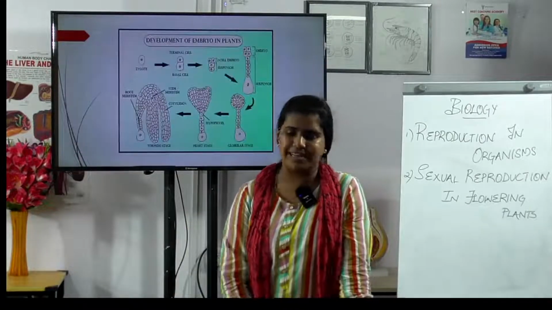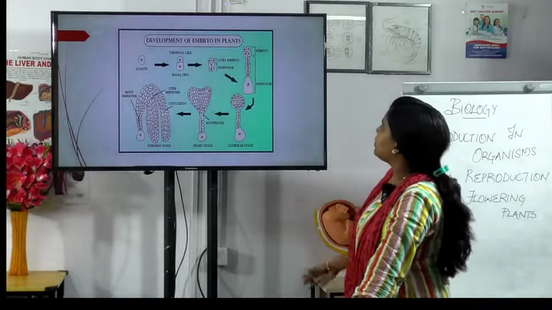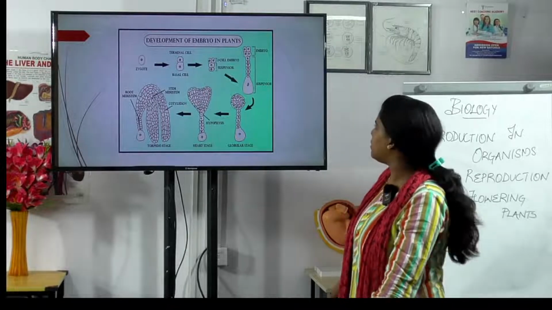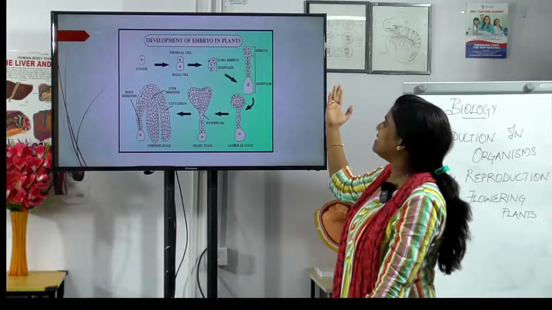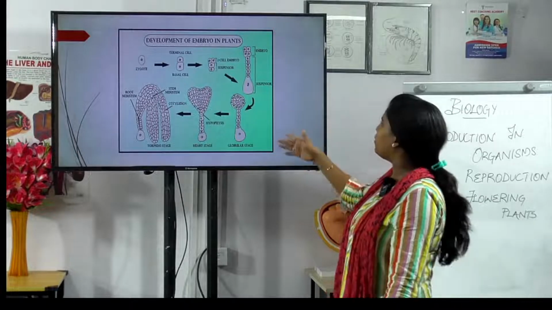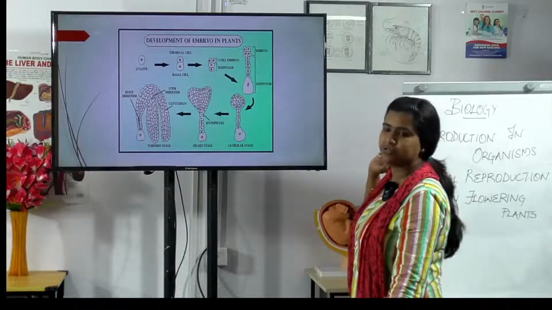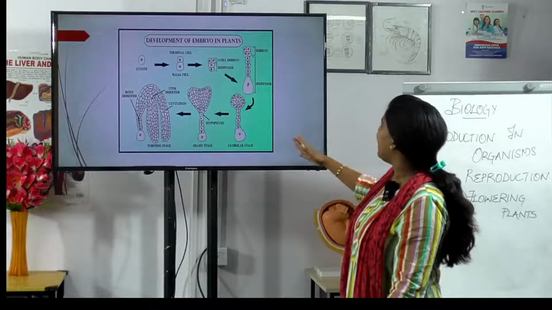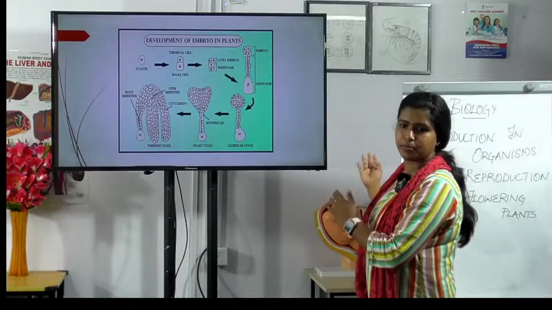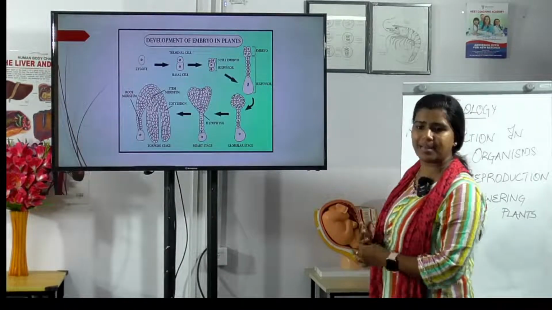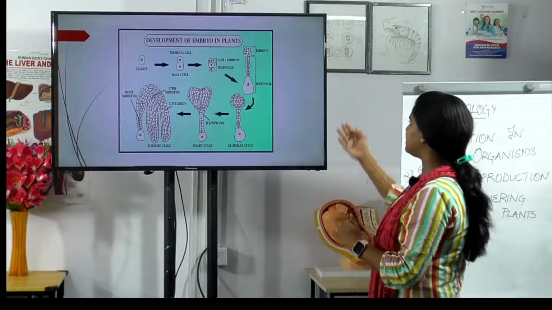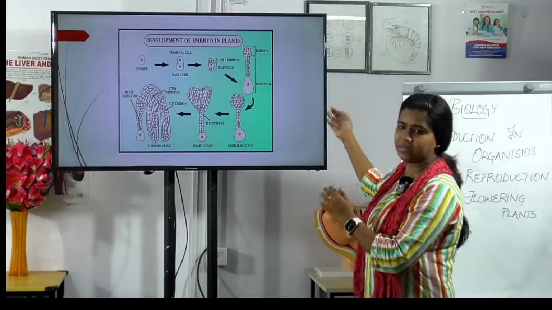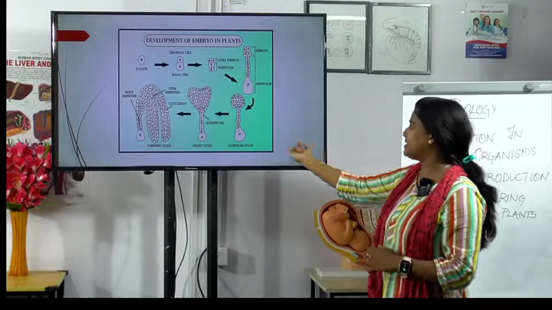Okay, after the endosperm develops, the next is development of the embryo in plants. First, what is that? Zygote. How is the zygote formed? Fusion of male and female gametes. After that two cells are produced, one terminal and one basal, and the basal cell is transformed into the suspensor. Then a two-celled embryo is produced, followed by elongation. After that the suspensor becomes big and the embryo has four cells, and the next stage is the globular stage, where they multiply and become big, and the next is the heart shaped stage. Why is it called heart shaped?